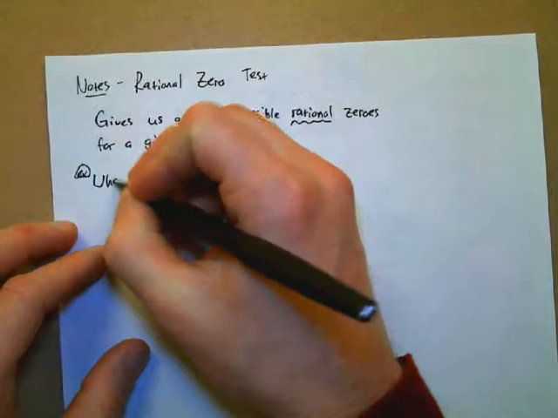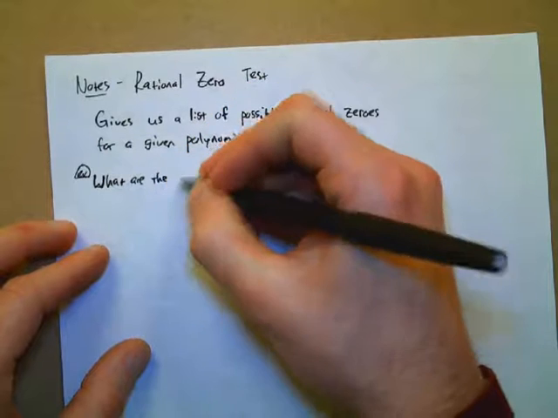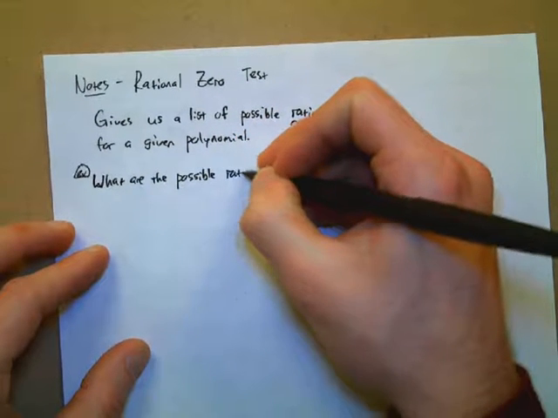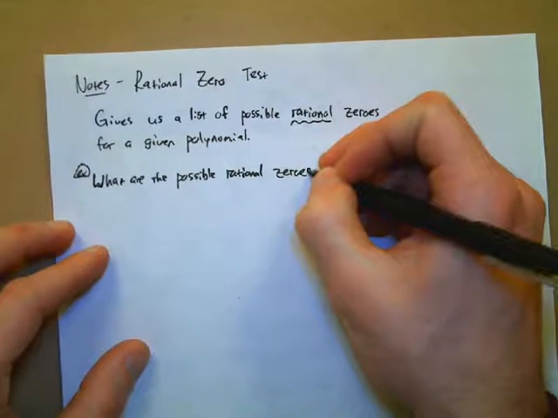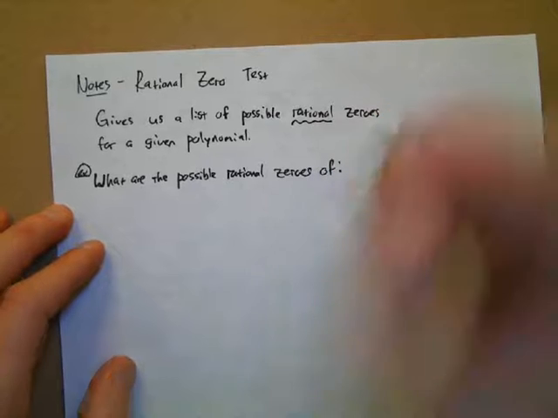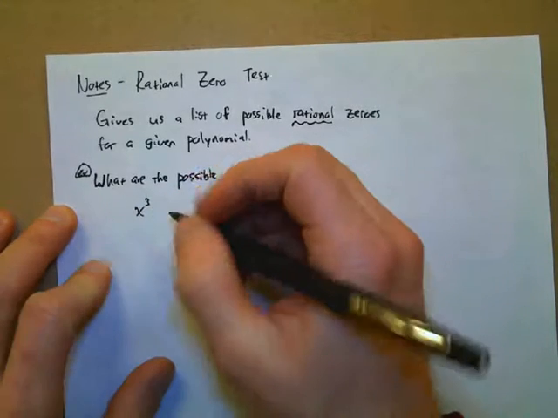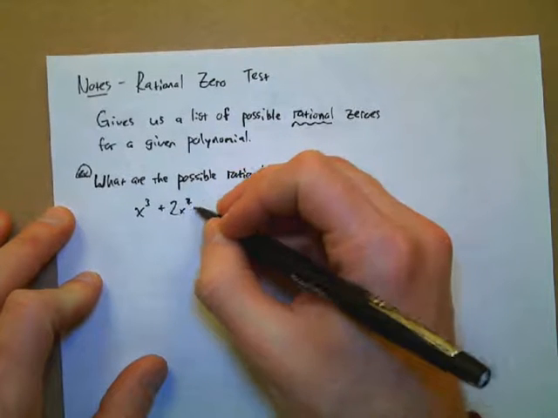what are the possible rational zeros of, I'll give a polynomial here, let's say x cubed plus 2x squared minus 4x plus 8. Oh, minus 8, doggone it.